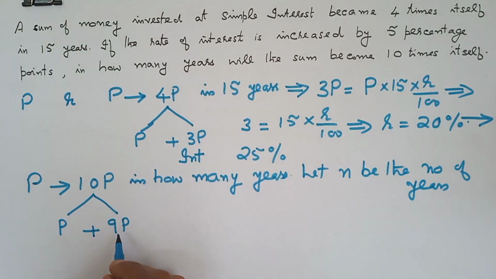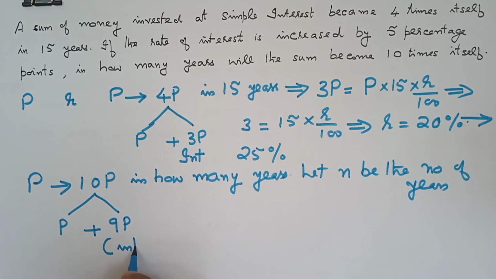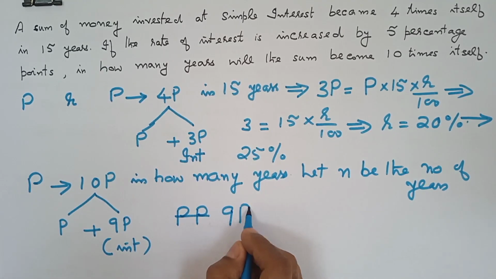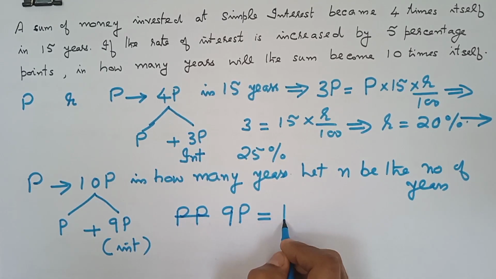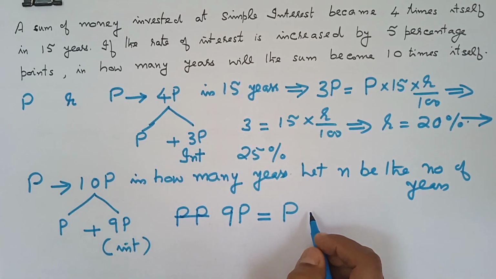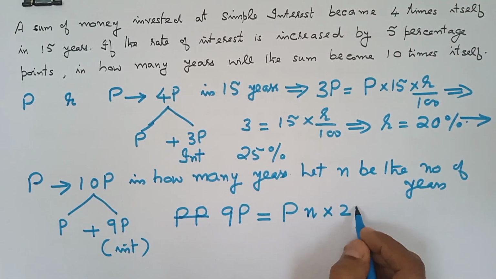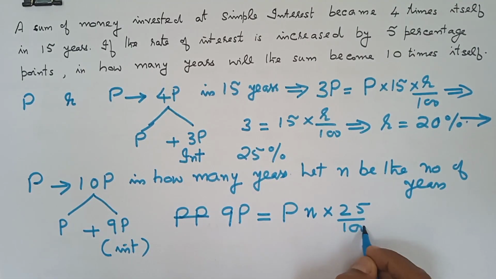As I discussed before, this 9P will be the interest portion. So 9P interest, this 9P interest, you get on how much principal? P. For how many years? We don't know. Taken that to be n. And the rate is what? 25. Like we did before.